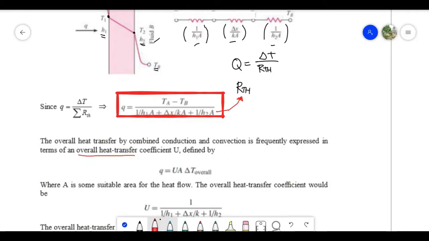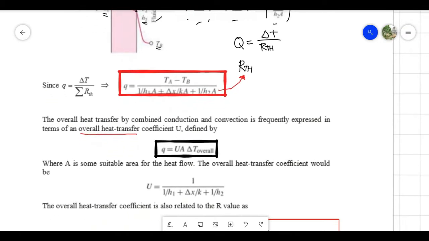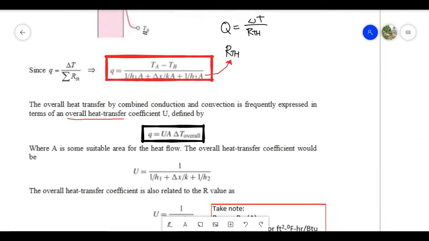Therefore, our equation for heat transfer becomes Q equals U times A times the overall delta T, wherein U is what we call the overall heat transfer coefficient.